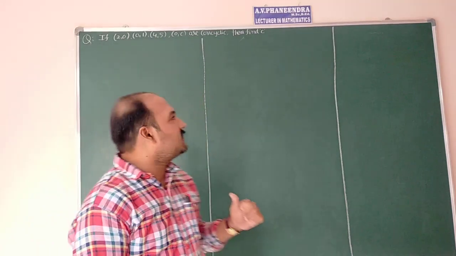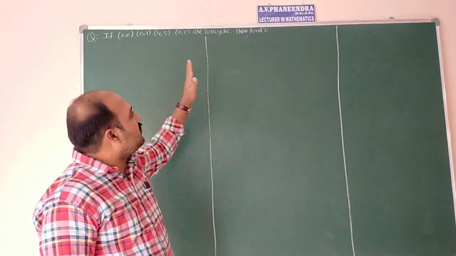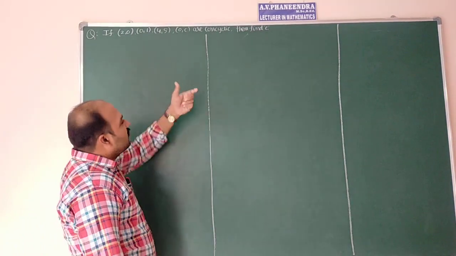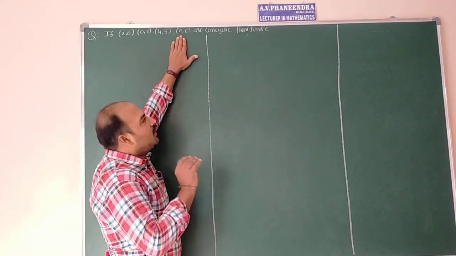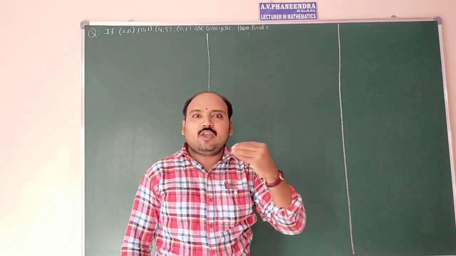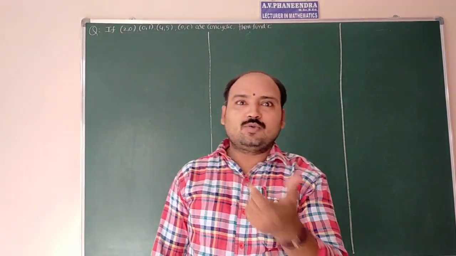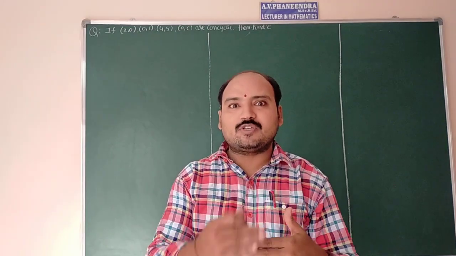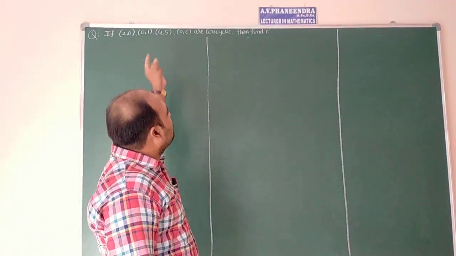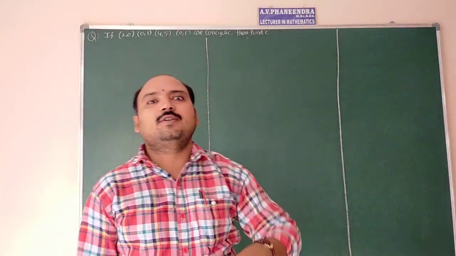But here the case is these points are concyclic, find the value of c. Where the unknown value is there, you can leave that point and take the rest of the points and find the equation of circle passing through the 3 points. After that, since the points are concyclic, substitute the rest of the point in this equation.